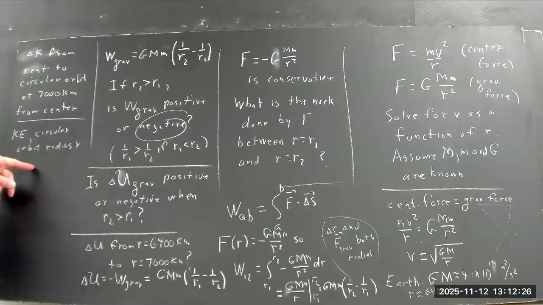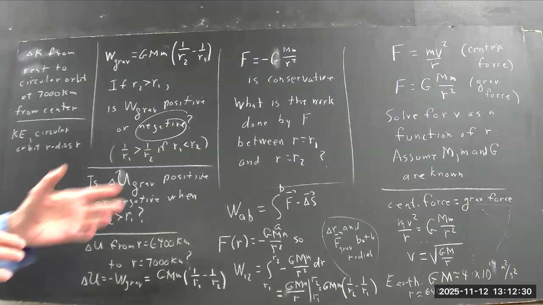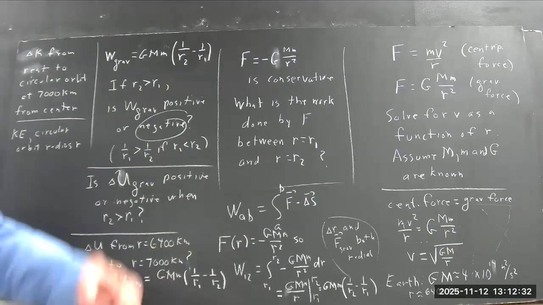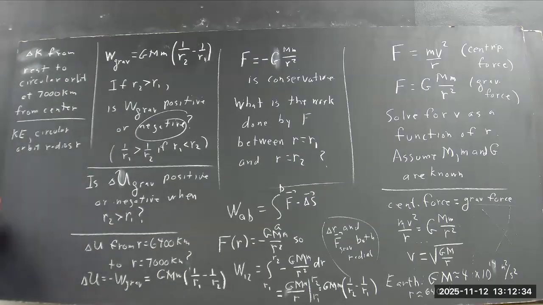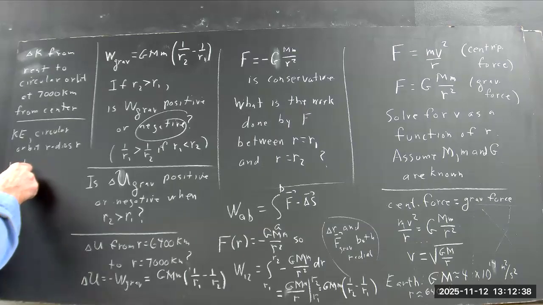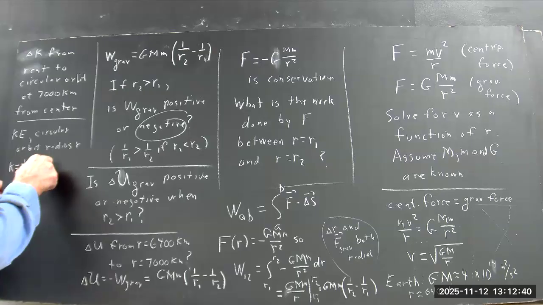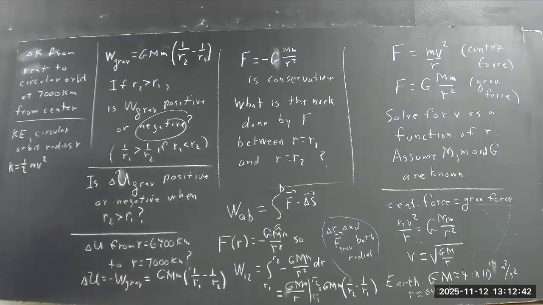Okay, so the kinetic energy, this is basically a particle circling around the Earth. One half m v squared. What's v?